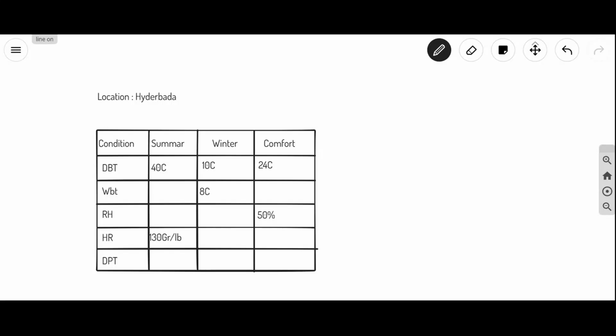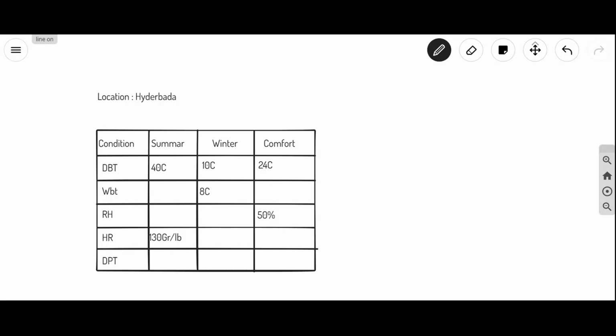Hello sir. Yes. In the first condition only, if the dry bulb temperature is 40 and humidity ratio is 130, where can we find the intersection point? We cannot find it, no? Observe very clearly. That is what the test is here. Observe it very clearly.